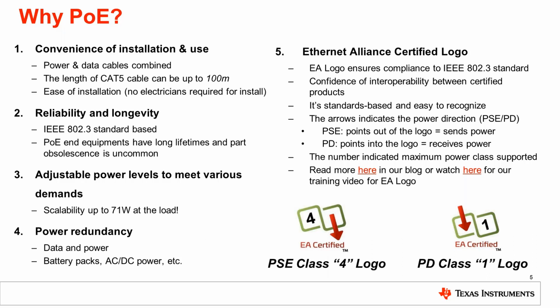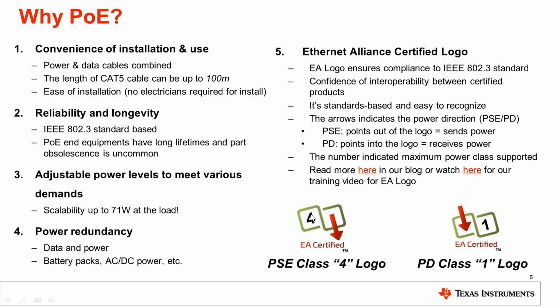So from an installer perspective, it's very easy to go in and install end equipment that have these logos on them. If you can imagine the logo on the left, this would be a logo that would go on an Ethernet switch. This says I'm a class 4 PSE. The arrows going out mean I'm a source of power, and this 4 represents the power level of the PSE.